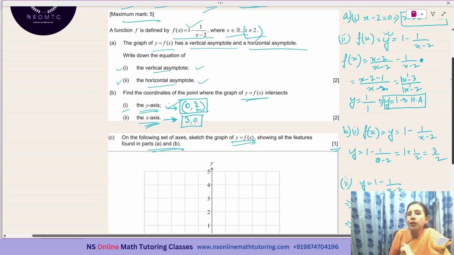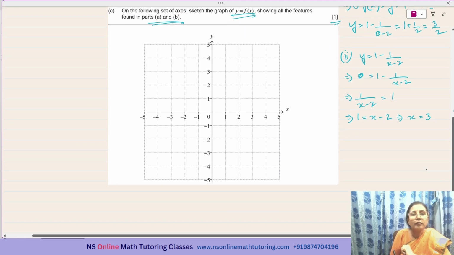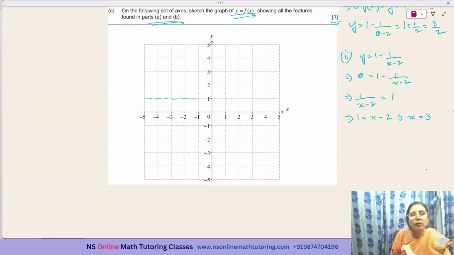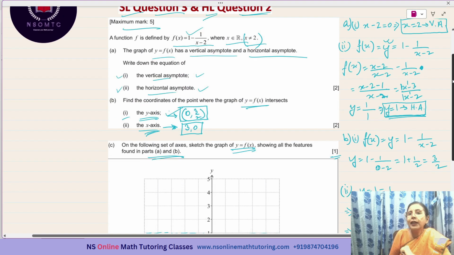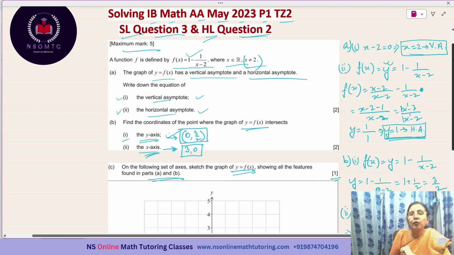The horizontal asymptote is y equal to 1. Let me take it. And the vertical asymptote is x equal to 2.